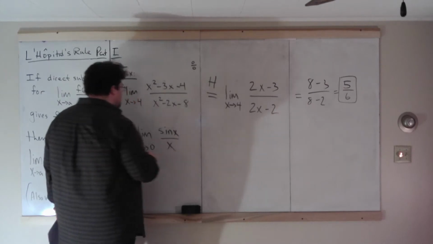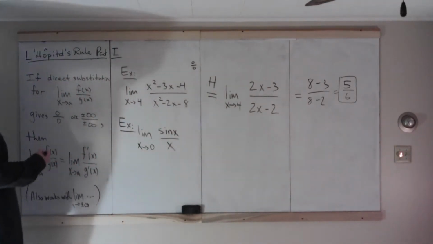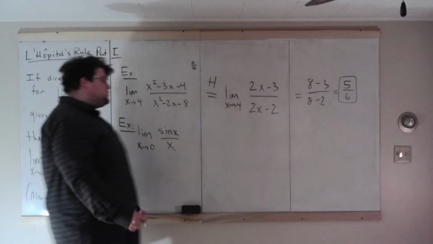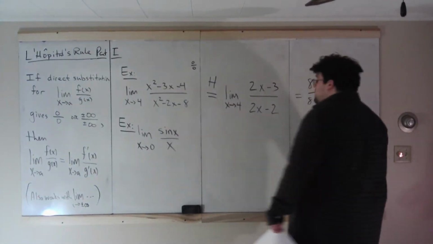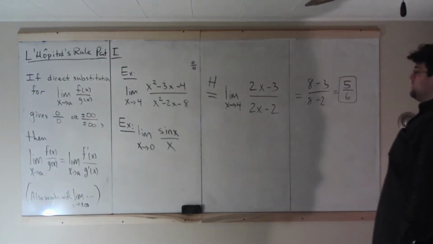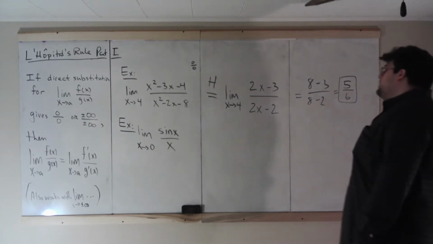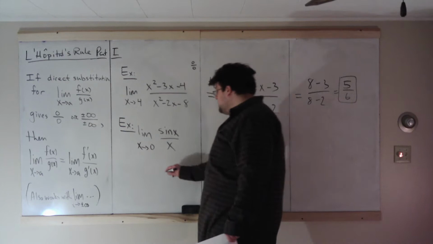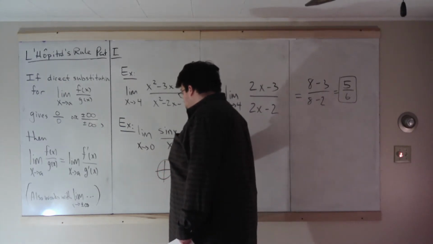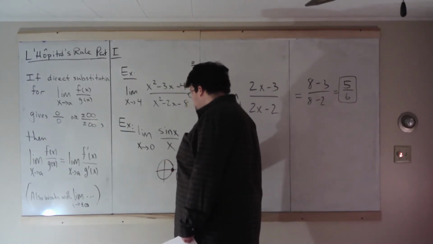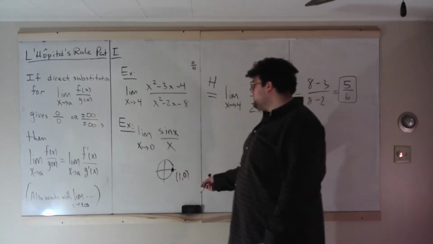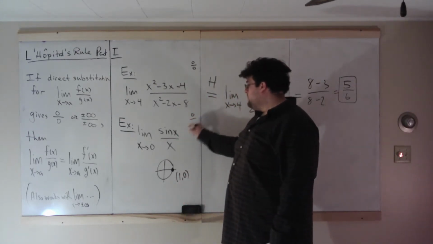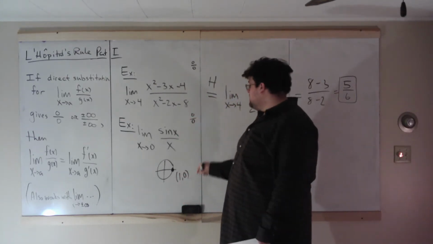Let's look at this result. When we were discussing the squeeze theorem, we showed that this limit was 1 using a lengthy argument with a large unit circle diagram. But here with L'Hopital's rule, it does apply because sine of 0 is 0, and the bottom, as x goes to 0, goes to 0.